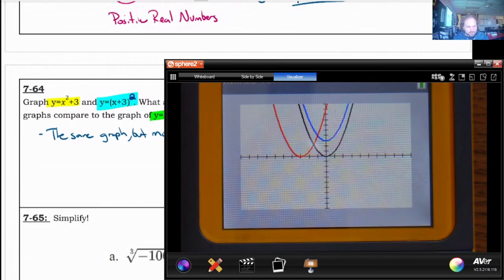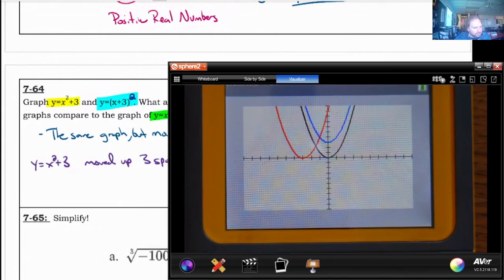I think what's important is that x squared plus 3, the blue graph, is this black graph but moved up 3 spaces. So I'm going to make a note of that. Y equals x squared plus 3 has been moved up 3 spaces.